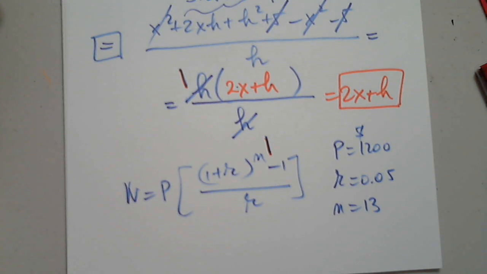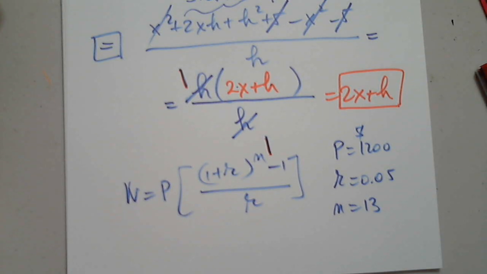And 1 plus R is 1.05. 1.05 minus 1 would be 0.05. I'm sorry, I need another set of parentheses for the numerator because I forgot the power n. So 1.05, close the parenthesis, power 13, come down, minus 1, and close the parenthesis. So this is just for the numerator. And divide by R, which is 0.05.